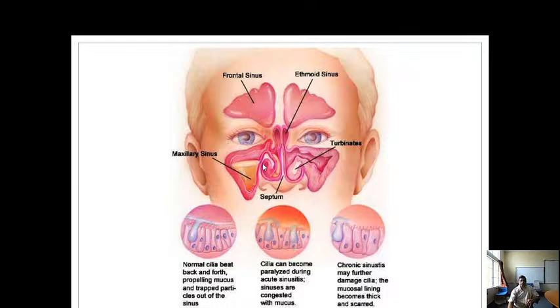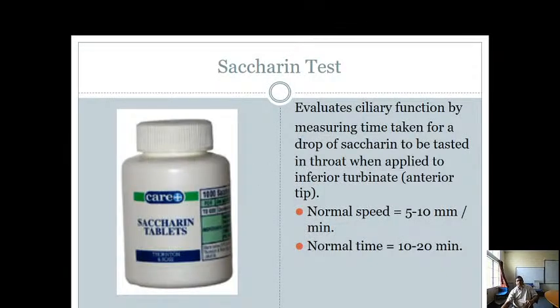And then people have studied the ciliary action, ciliary movement, by putting saccharin solution on the inferior turbinate, and the normal speed is 5 to 10 millimeters per minute.